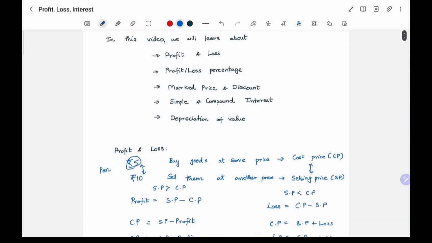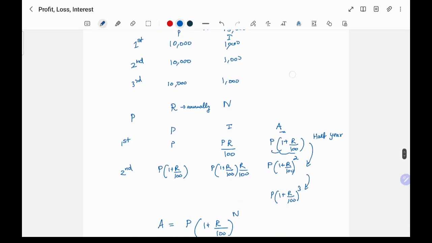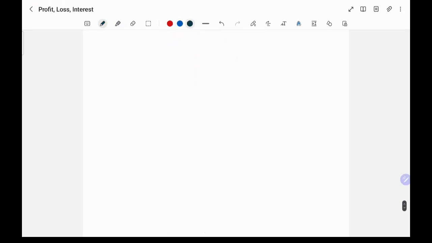So what do we have next? Depreciation of value. Suppose we buy a mobile phone at rupees 20,000.